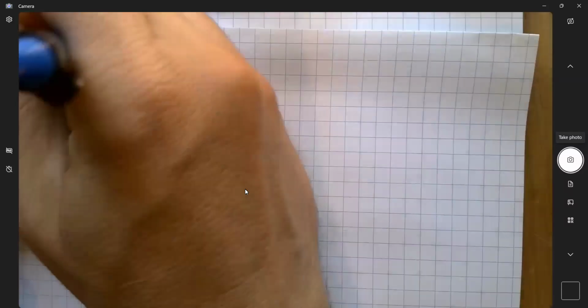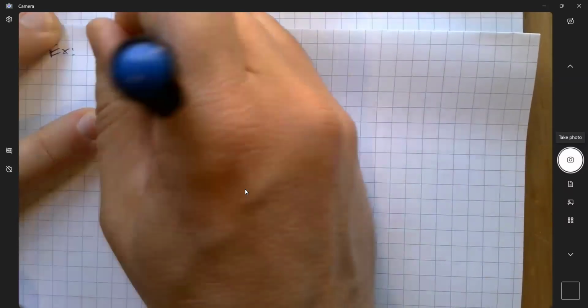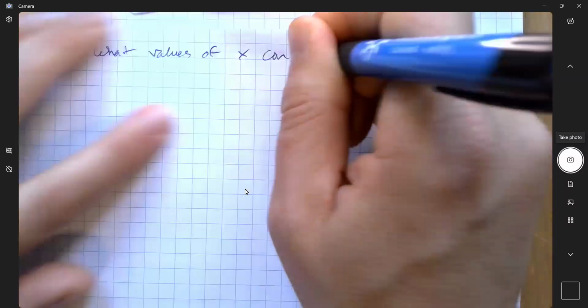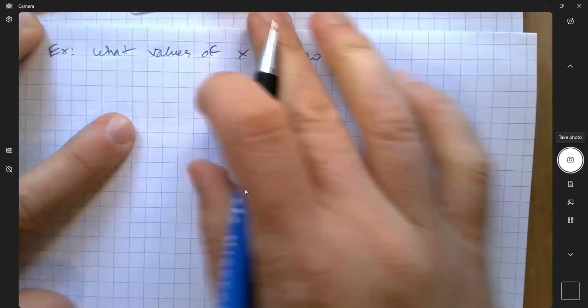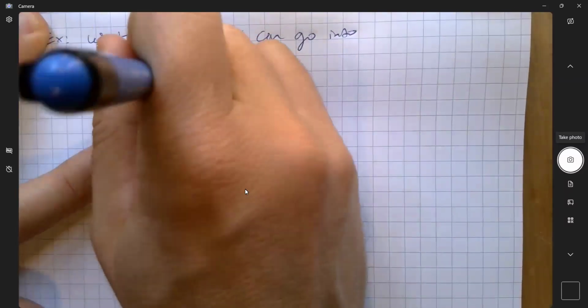What about if I have a rational expression? What values of x can go into the expression 1 over x minus 3?